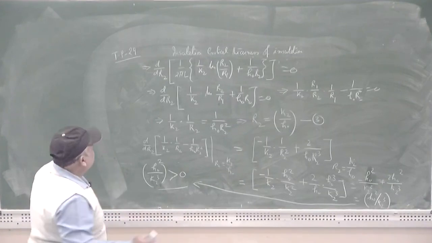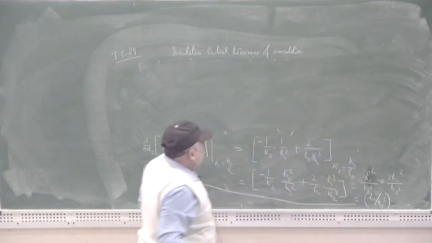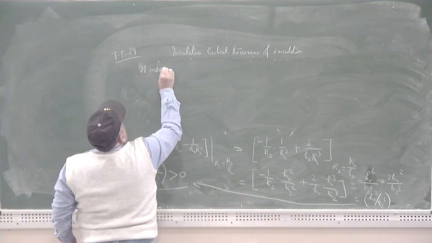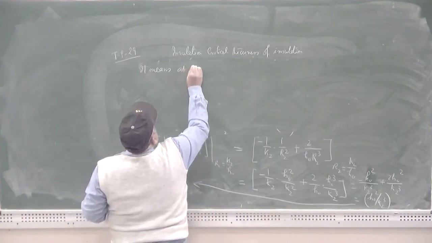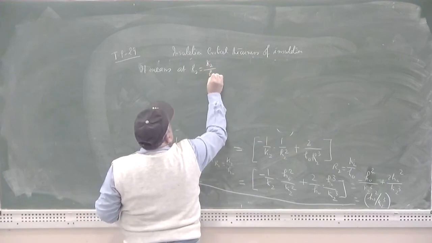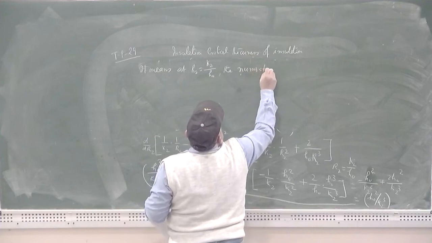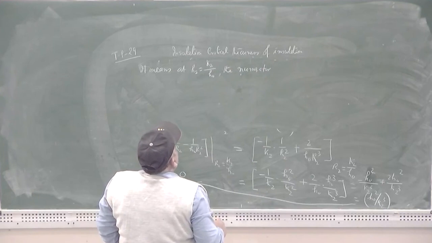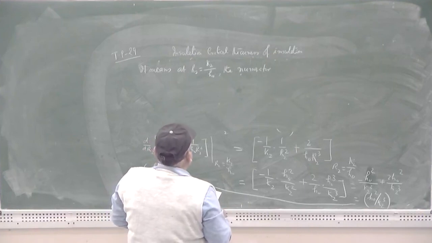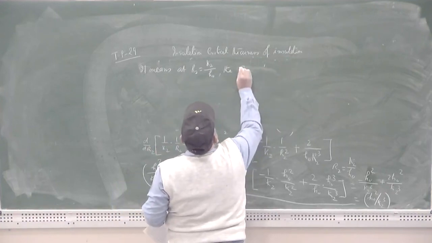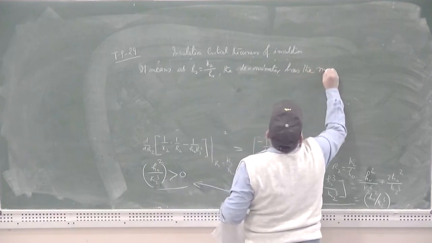It means at R2 is equal to K2 upon h0, the denominator has the minimum value.